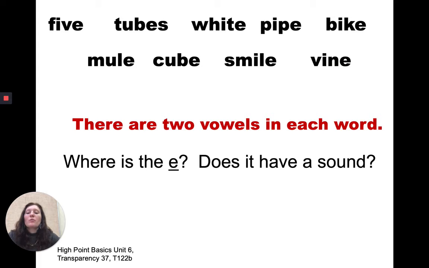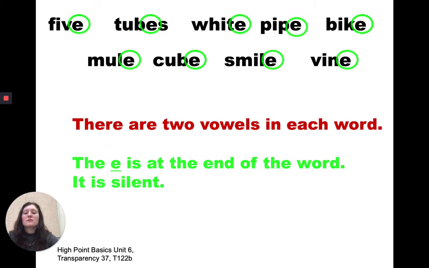All right, so where is the E? And does it have a sound? So we notice that in all of these words, the E is at the end of the word, except for in tubes.